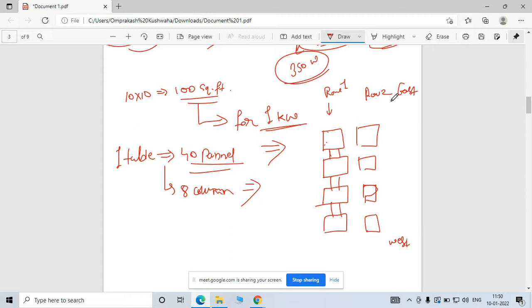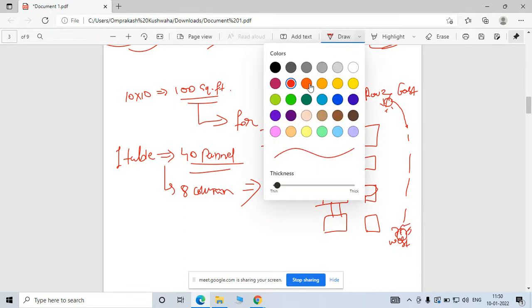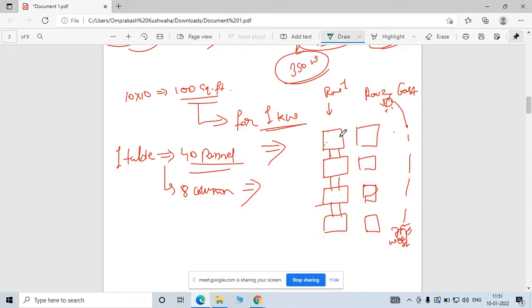So in the morning the sun is here, and in the evening your sun is at this position. So your sun rays also vary, right? And depending on that, your shadow should not fall on the other panel. So you have to decide the minimum gap between these two rows.